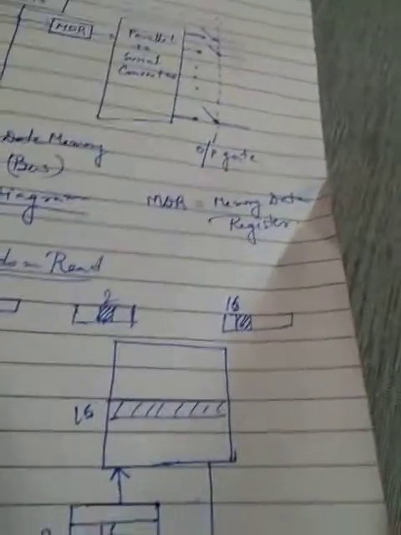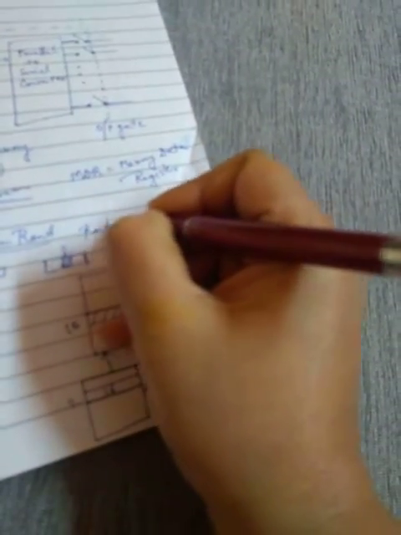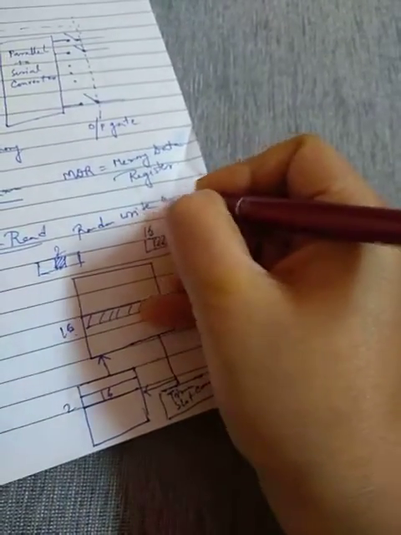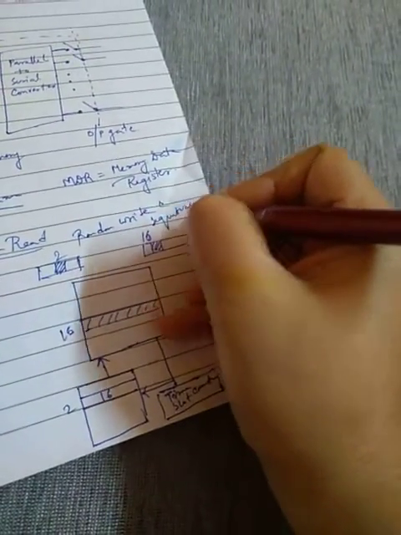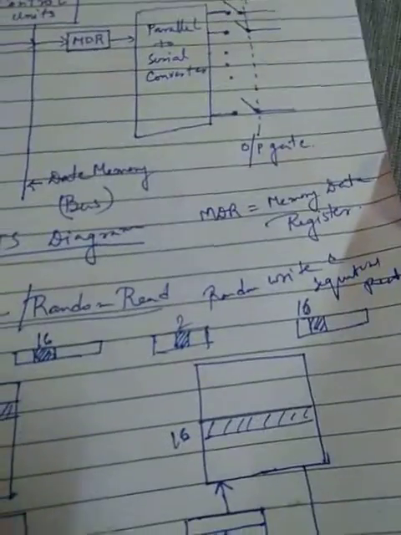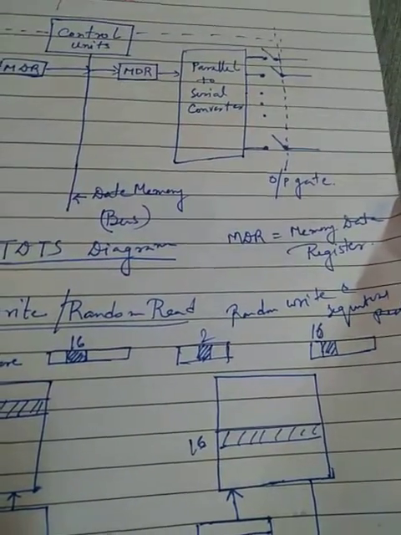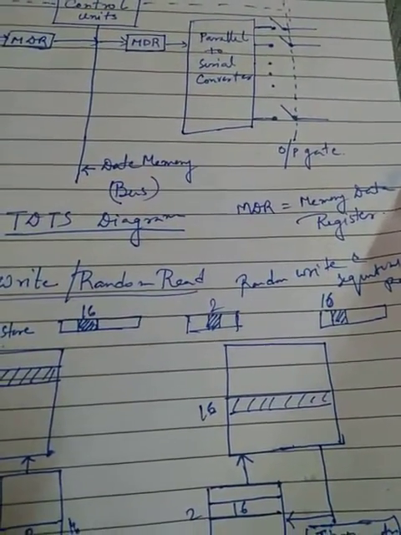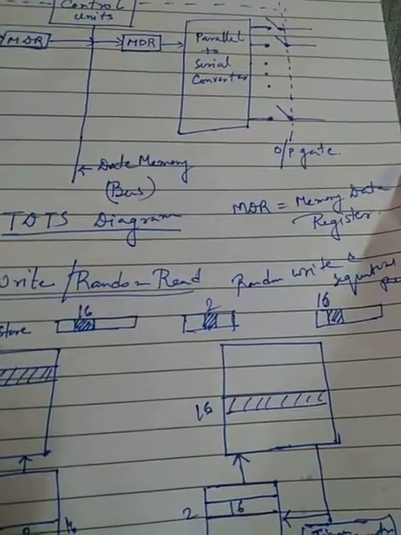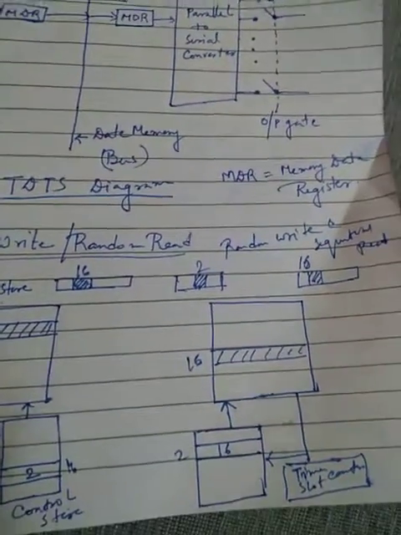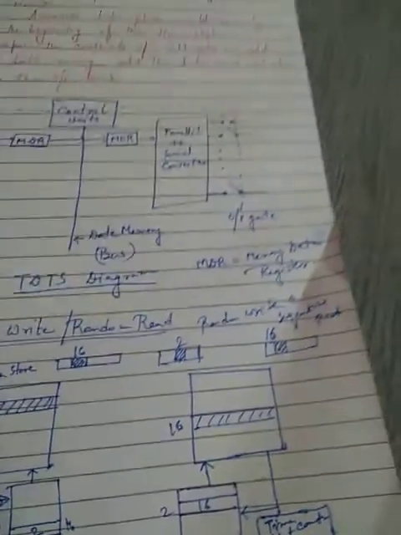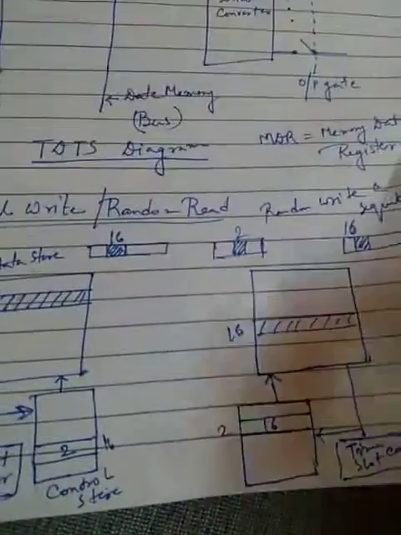And the other one is the opposite, that is random write, sequential read. This is random write and sequential read. It is the opposite of the first process: incoming data is written into the memory location as specified by the control store. Sorry, I have not written this box.